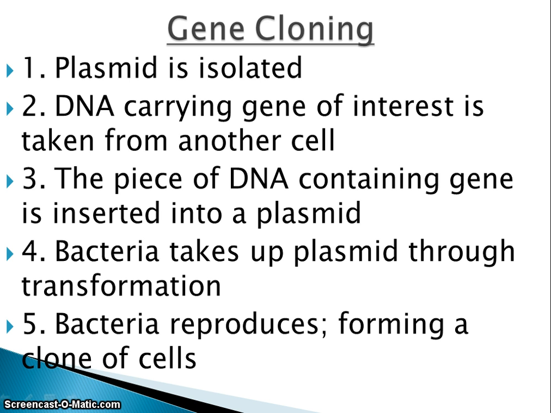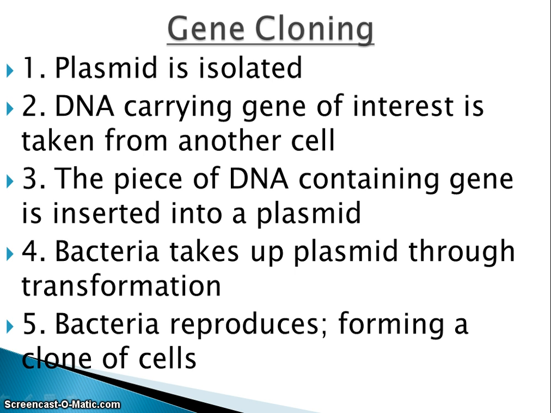Okay, so with this, let's talk about how we would clone a gene. First of all, we would take the plasmid and isolate it. Again, the plasmid is a circular piece of DNA. We will then insert the gene of interest from the other cell and combine the two. The bacteria will then reproduce it, forming a clone of cells.